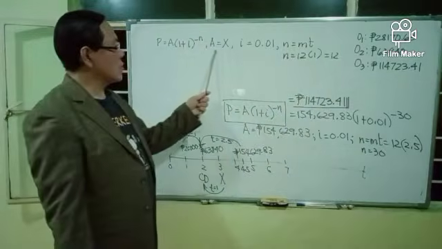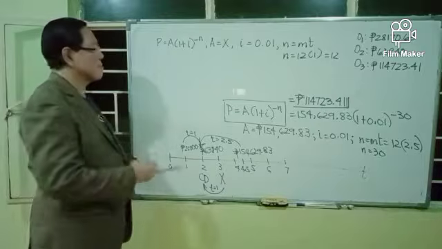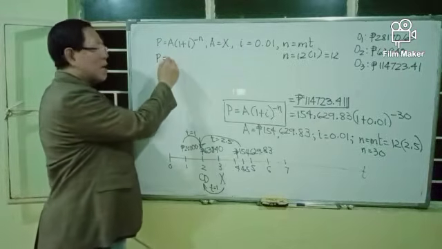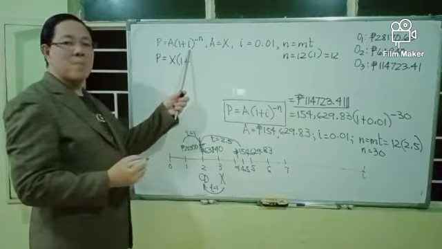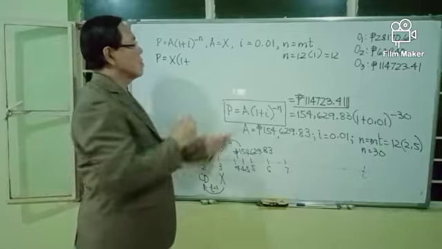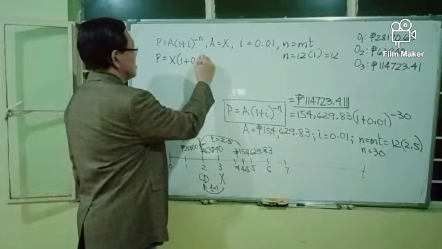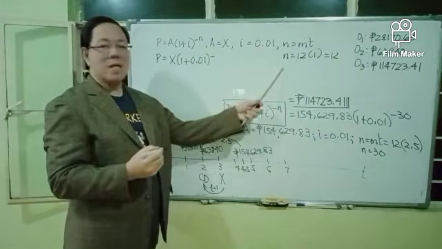We now substitute these values into this formula. We get P is equal to A, X, times 1 plus I, 0.01, to the power negative n, where n is 12.